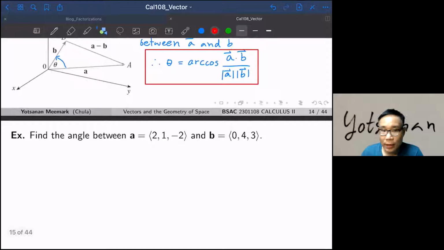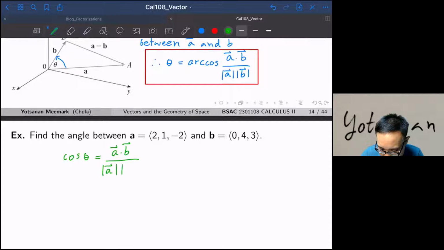The next one asks you to find the angle between the vector A given by 2, 1, negative 2, and the vector B given by 0, 4, 3. In this case, we have cosine theta equal to, let me write down the formula, A dot B over the magnitude of A times the magnitude of B. So you find A dot B: it's 2 times 0 plus 1 times 4 plus negative 2 times 3.